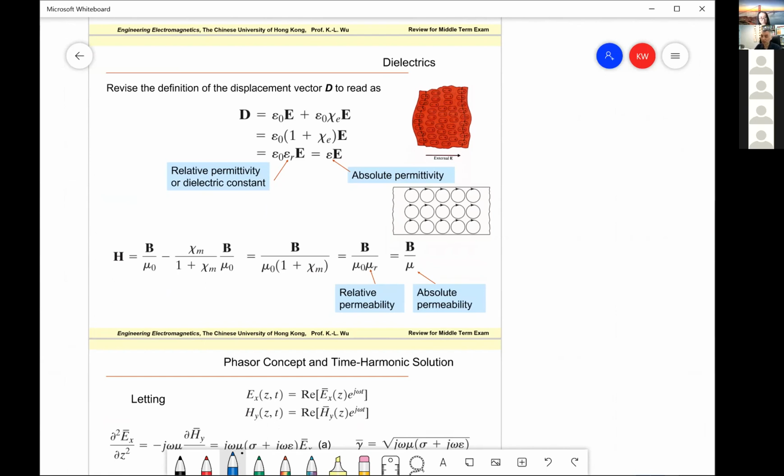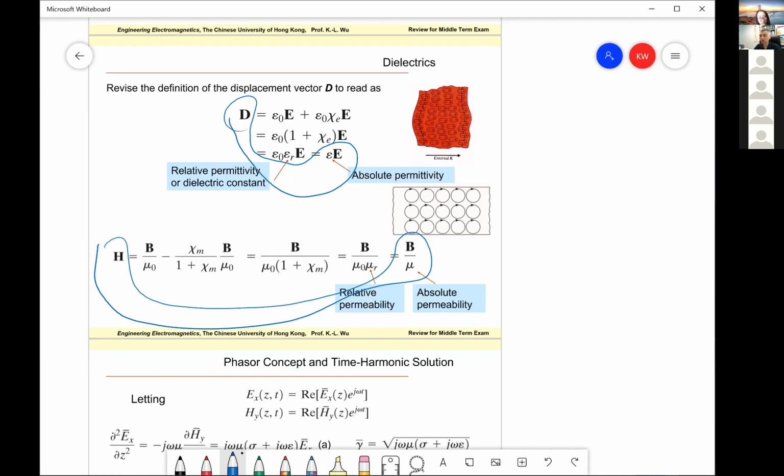Another thing we introduce is the constitutive relation. The constitutive relation is the relation between H and B, and the relation between D and E. D is related to E with a constant we call permittivity.